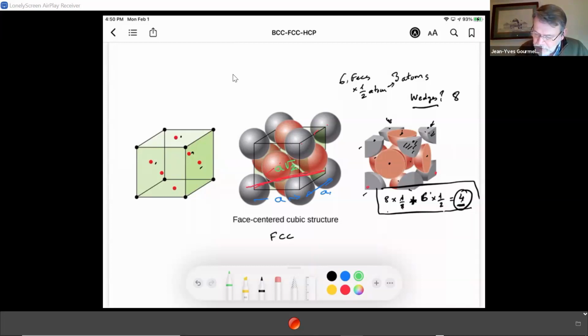It's a bit more difficult to visualize here, but you see 1 radius, 2 radiuses, 1 radius. So 4 radiuses.